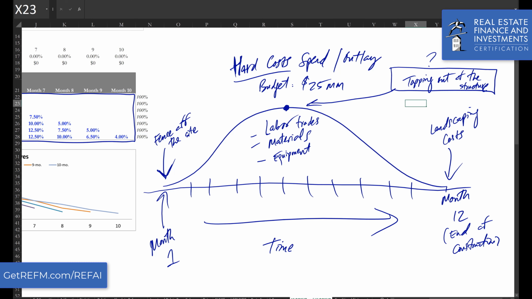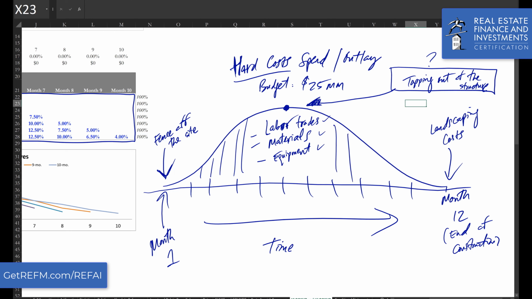Okay, so talking about concurrent presence of the different trades, materials that are being put in place, equipment that's helping the construction take form. Okay, and so as we lead up to the topping out, you're generally adding more and more of those elements. And then after you top out, you're going to be removing, right, some portion of these things because you're now focusing on finishing out. So that's the general thought.